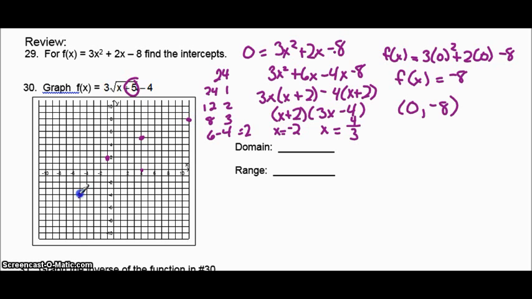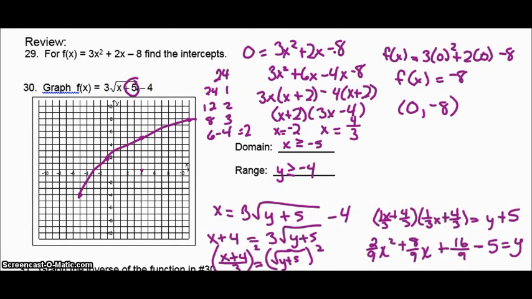Okay, I know most of you have rolled your eyes and just picked up your calculator and used that. Okay, the domain is going to be x greater than or equal to negative 5. The range is y is greater than or equal to negative 4.